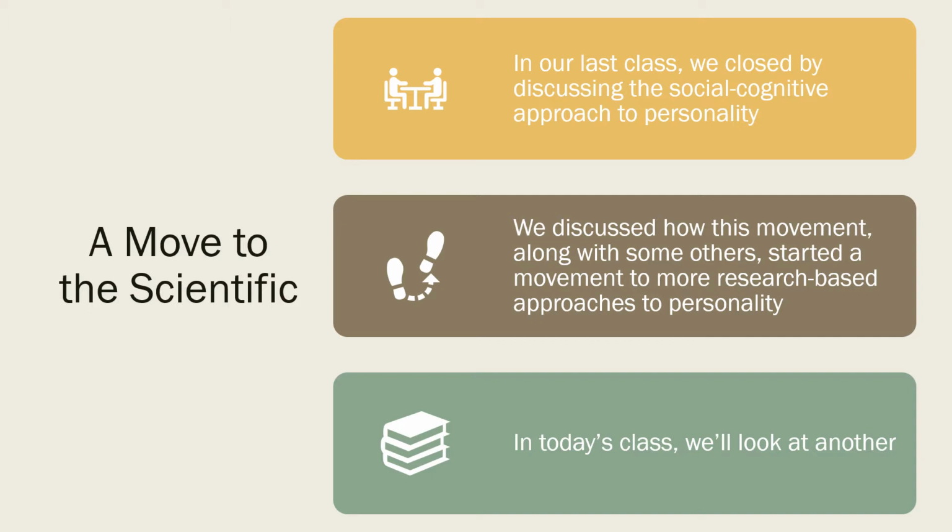Well, this transition to trying to look at personality from a scientific perspective was on occasion focused on what caused personality to emerge, but at times it did start to also look at how personality and individual differences really led to different behaviors in different situations. This different take on the scientific approach to personality psychology is what trait psychologists look at and what we're going to be examining today.